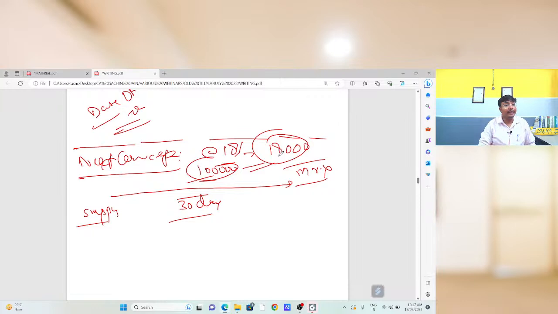Now after 30 days, Mr. X is not paying me. After 1 year, Mr. X comes to me and says, Sachin Jain, I want to make that payment of 1 lakh rupees to you. So I told him, you are getting late, so I am going to charge interest at the rate of 12%. Now you need to pay 1 lakh 12,000 rupees to me.